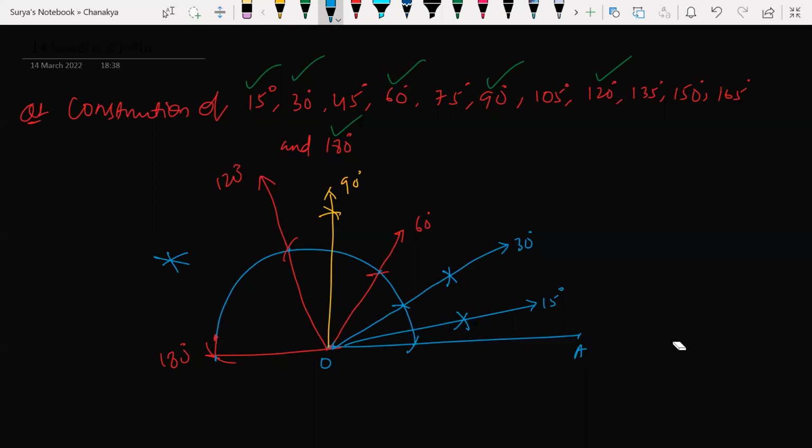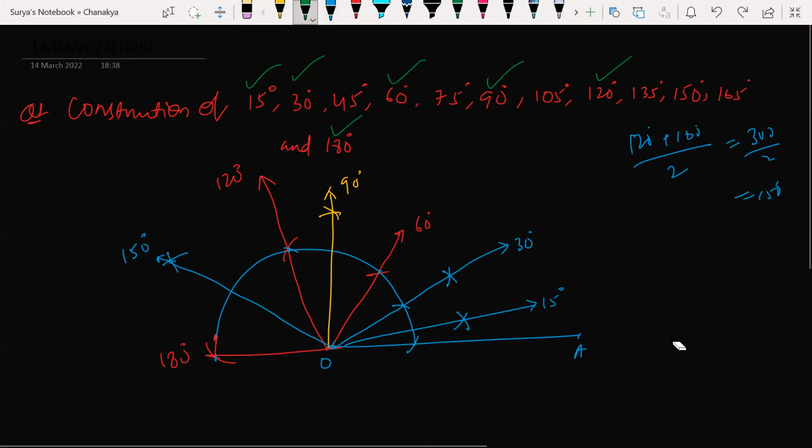Okay, this is what, beta? 150 degrees. Look, 120 plus 180, how much? By 2, 300 by 2, which gives you 150 or not? I am taking from this point and this point, which gives you 150 degrees.